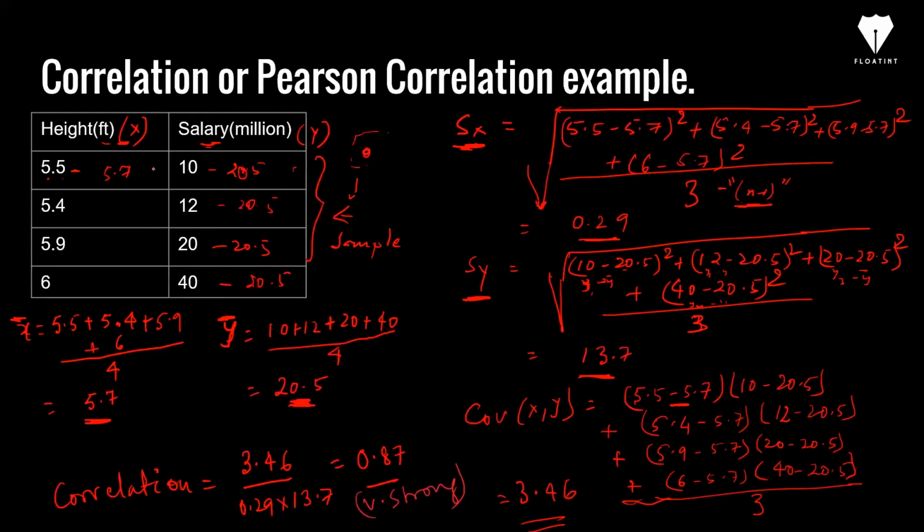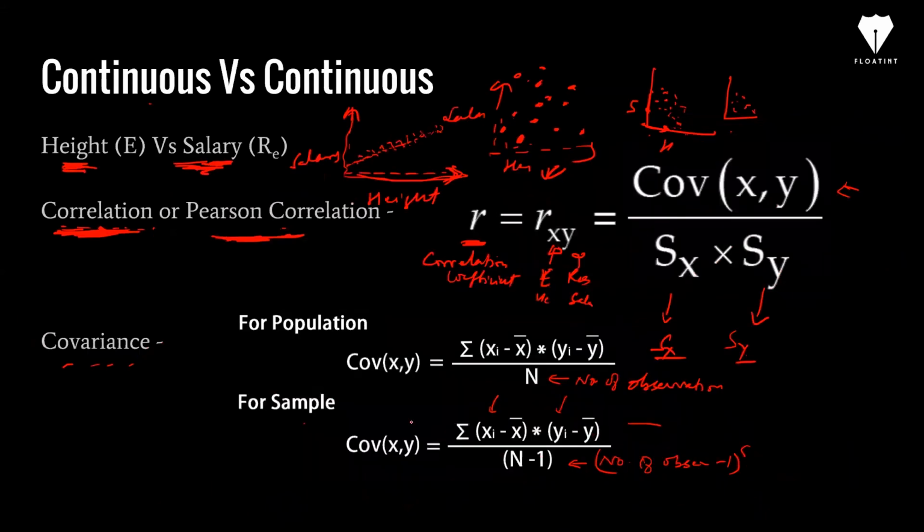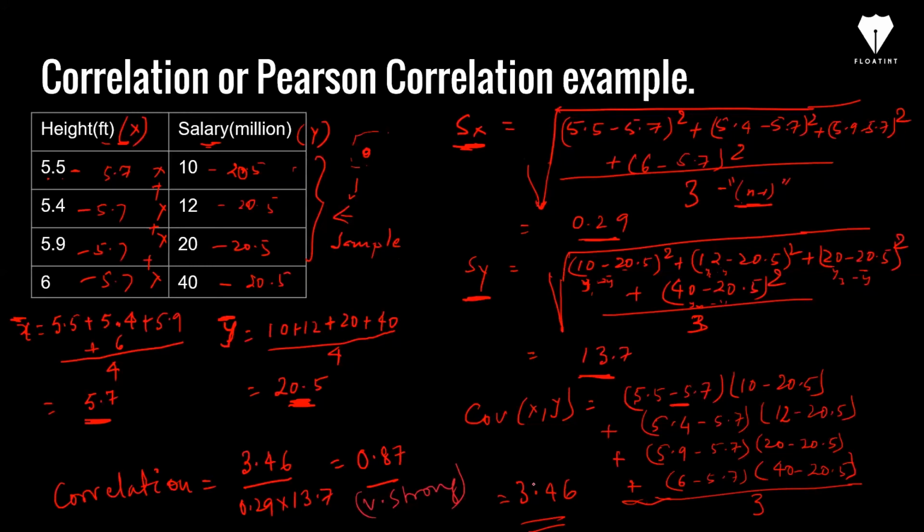These both will be multiplied. Then the same thing happens for each pair, and after multiplying each, you sum them. After doing the sum, you divide by n minus 1 for the sample, since I'm taking this as a sample. That will come out around 3.46. This is the value you will get.